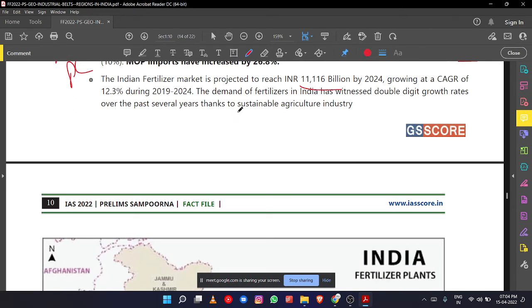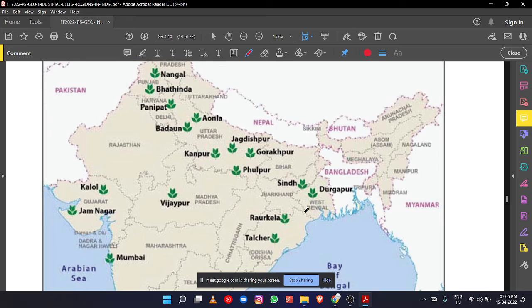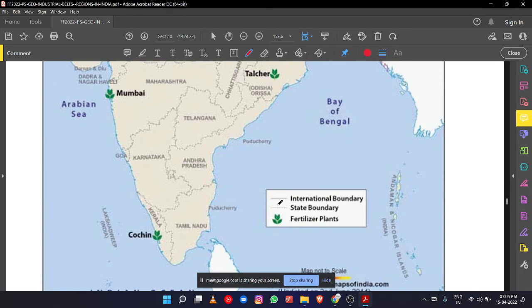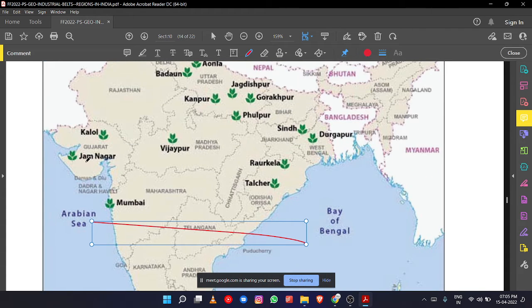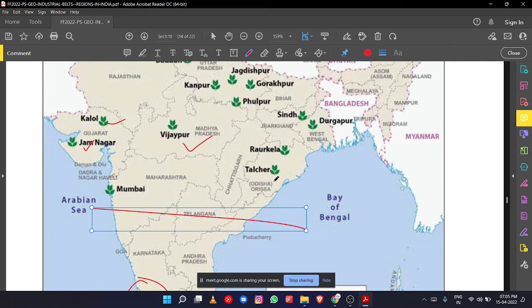That is the demand. So the demand for fertilizers in India has been witnessing a double-digit growth rate over the past several years. The major fertilizer plants, these are the fertilizer plants in the south. In the far south, Cochin is there, Mumbai, okay, Jamnagar, Kalol, Vijaypur is there, Rourkela, Durgapur.